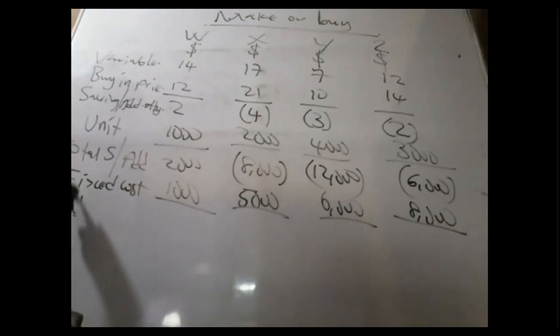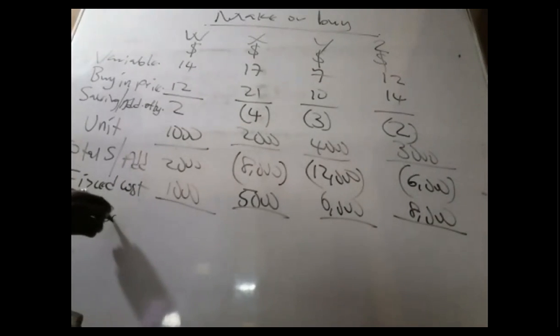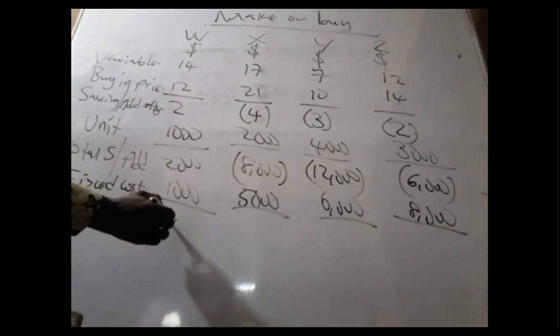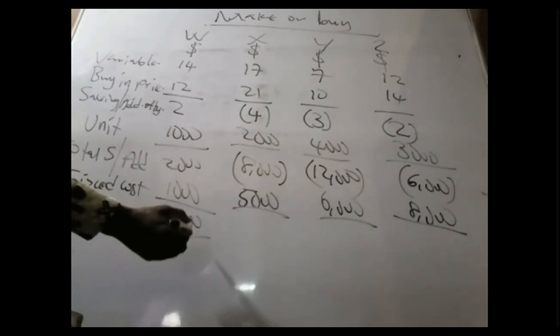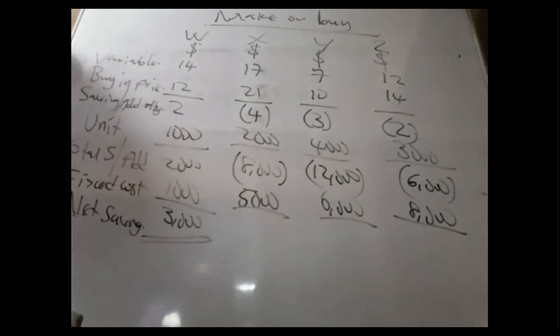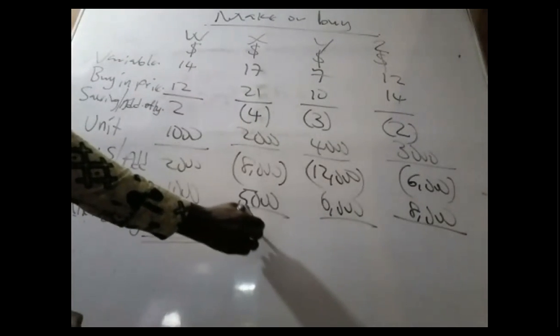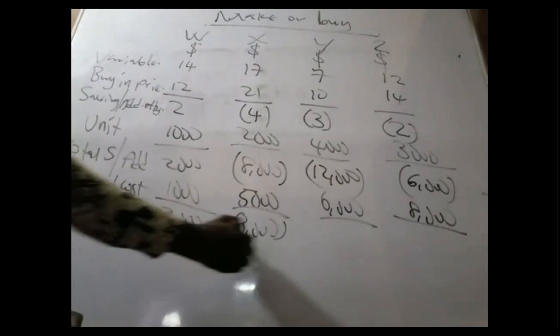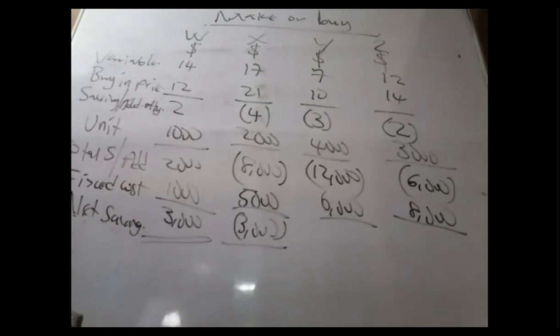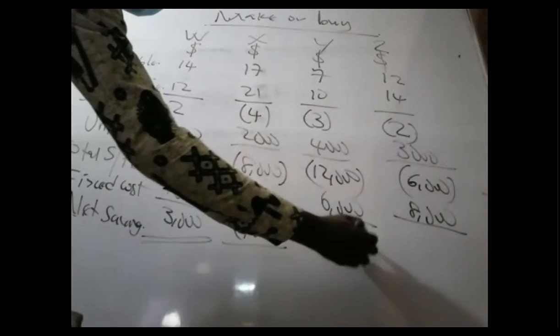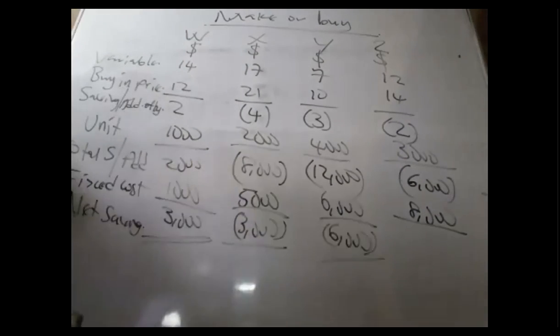So net savings. This will be 3,000, right? When I buy W, the total savings is 3,000. For X, there is an additional cost of 3,000 when I buy. For Y, an additional cost of 6,000 when they buy.